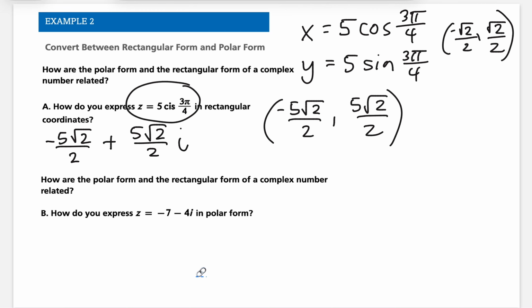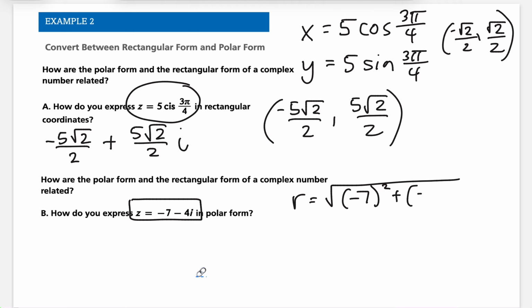The second one is how to write from rectangular form to polar form. So here is our point value that we're switching to polar form. We need to find our r and our theta. To find r, we're going to take the square root of negative 7 squared plus negative 4 squared, which gives me the square root of 65.